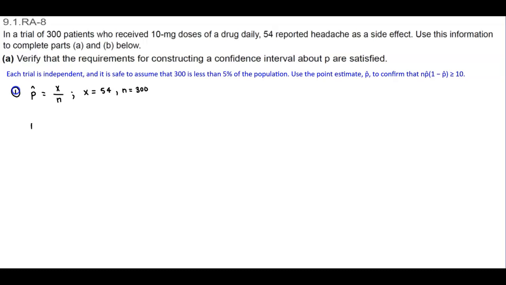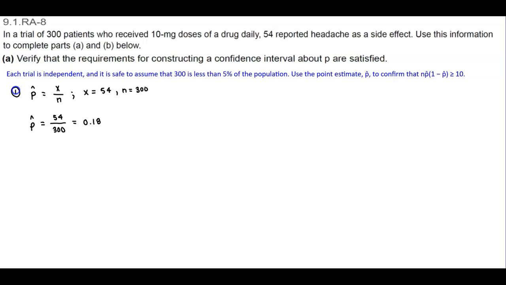So in order for us to figure out the point estimate, we're going to take the value of 54 and then divide it by n. So therefore the point estimate is going to be 0.18.